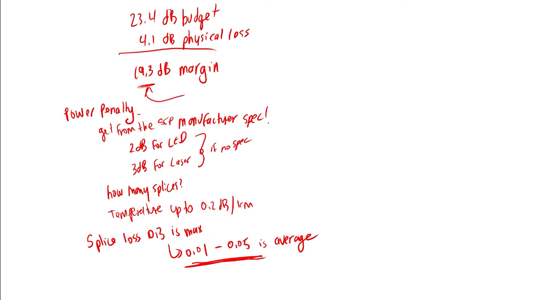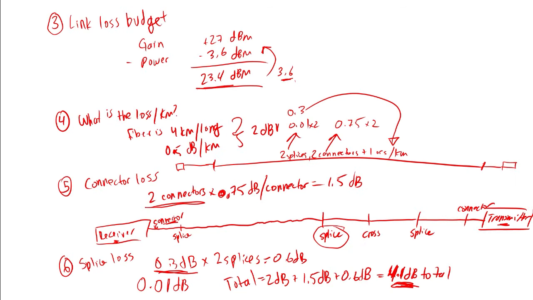So think about either using more powerful transmitters and receivers, or reducing the number of splices, reducing the number of connectors, or maybe you have to add a transmitter receiver amplifier somewhere in the middle.